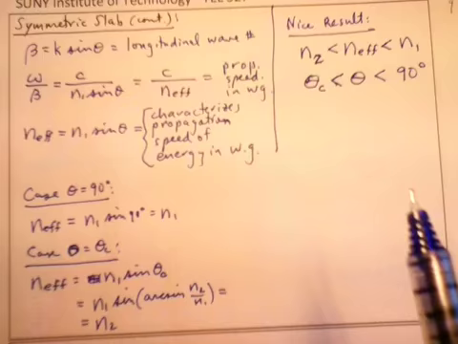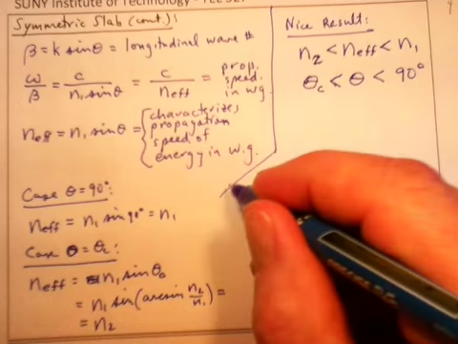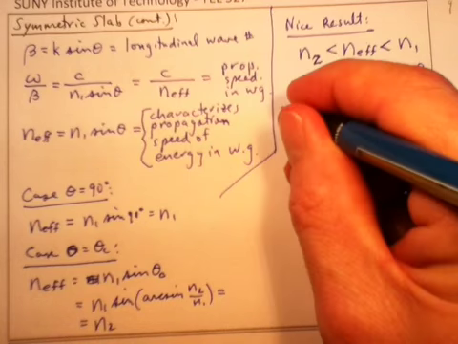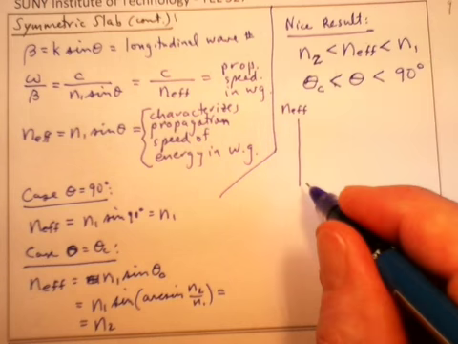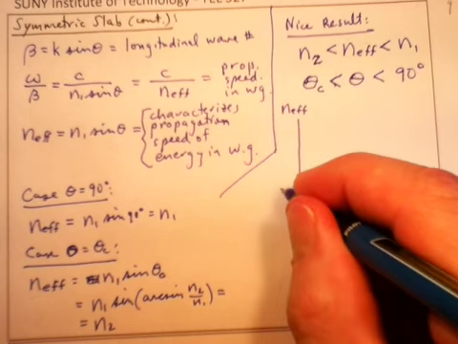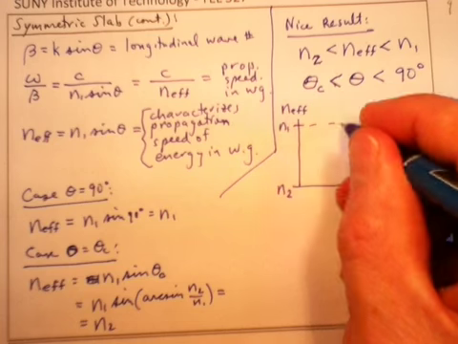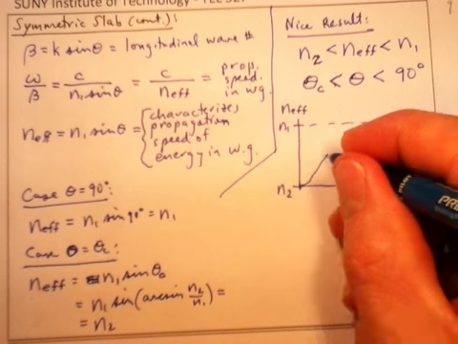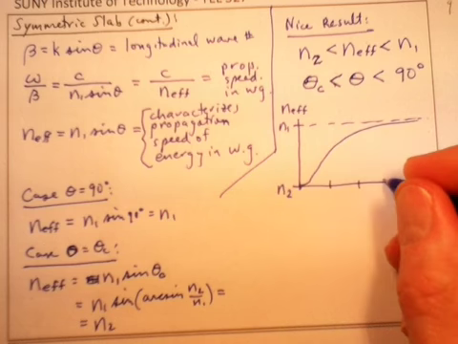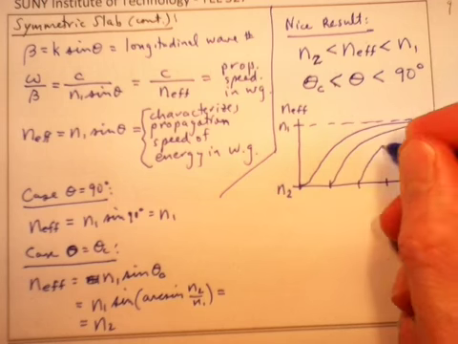I will make my mode plot go from a low of n2 up to a high of n1, and these again form the asymptotes, and I will have evenly spaced points along the axis of d by lambda.